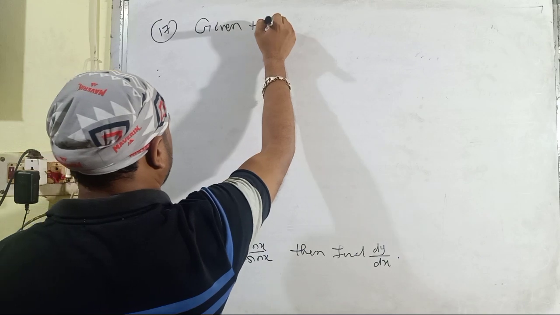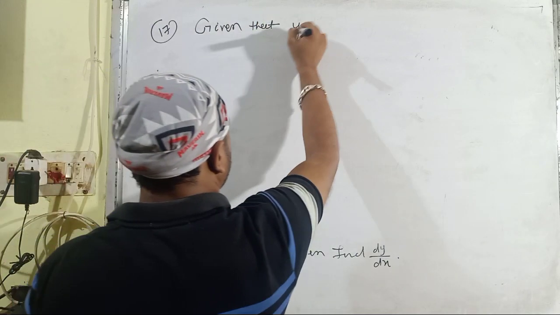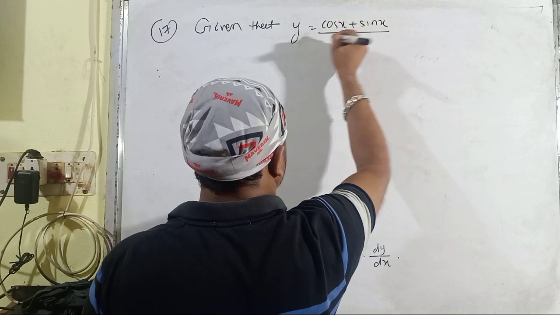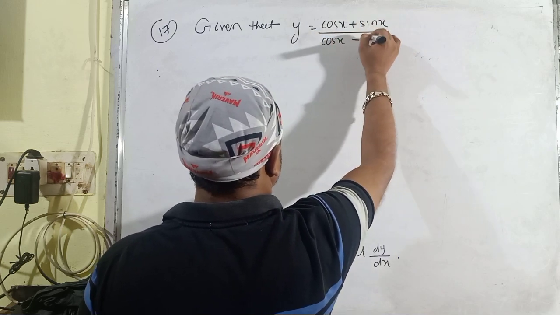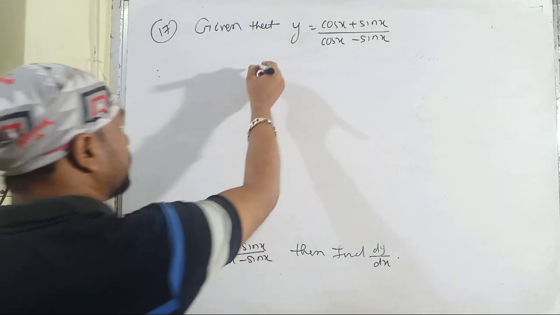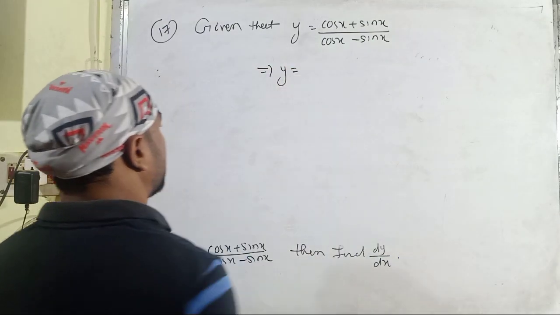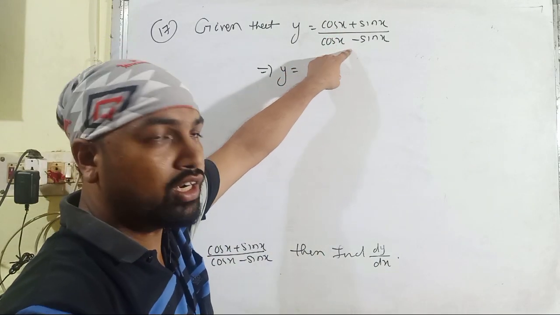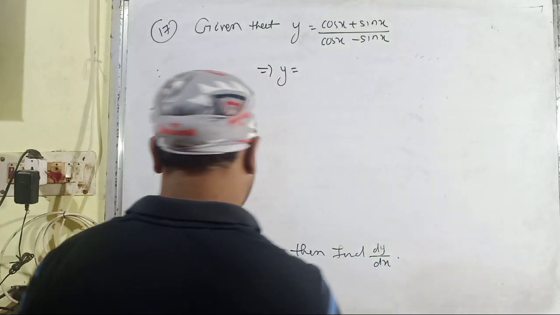Given that y is equal to cos x plus sin x divided by cos x minus sin x. Let us solve here.